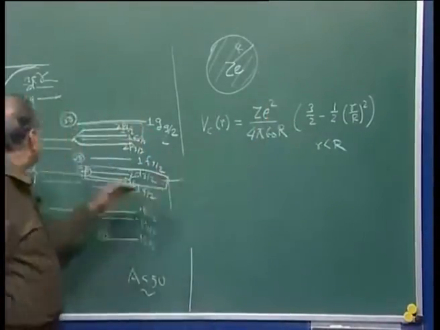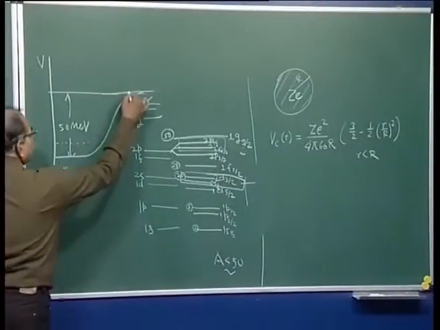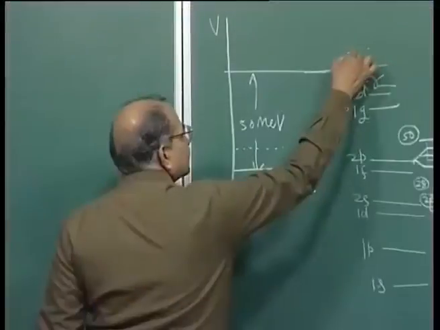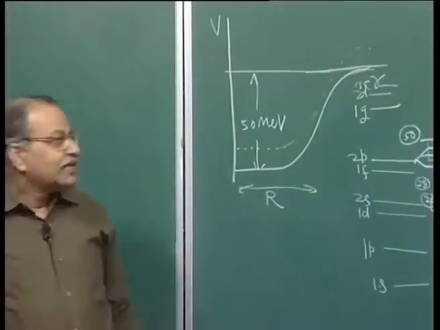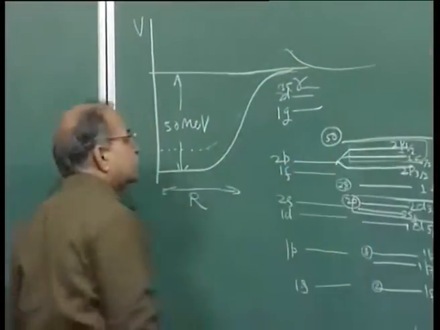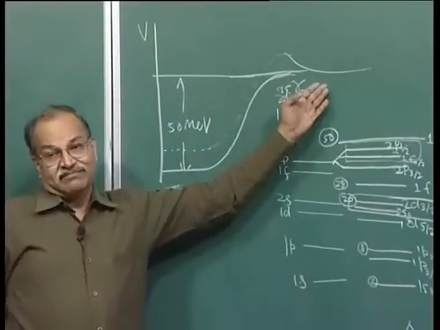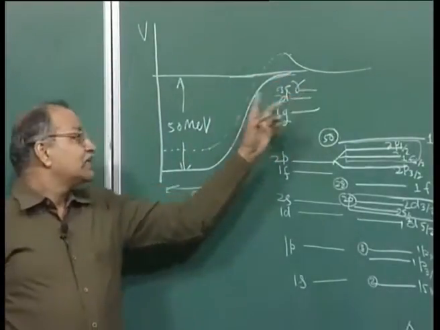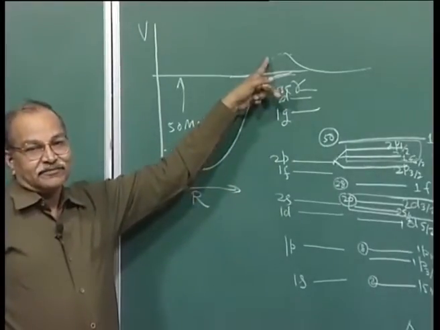So, at the center it is lifted more, here it is lifted less. Overall it is lifted, and then you have this 1 by r type of fall. So, this is how the potential will modify. For neutron the potential is like this, for proton the potential is like this.